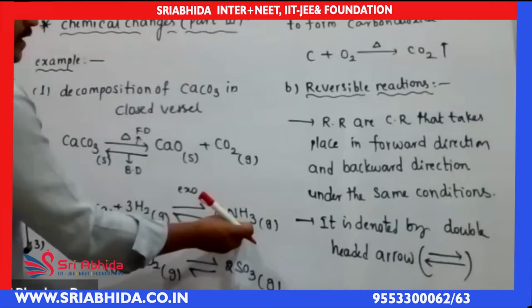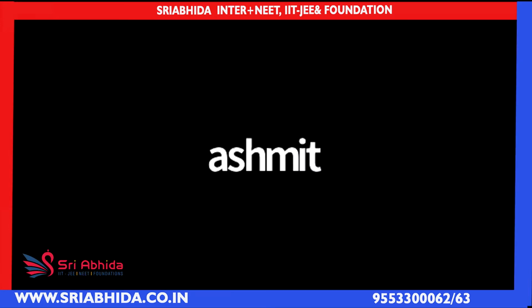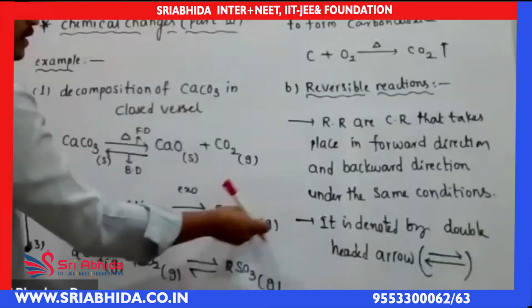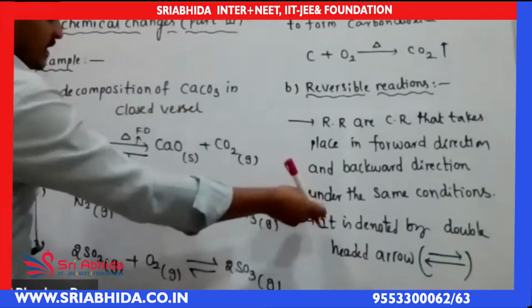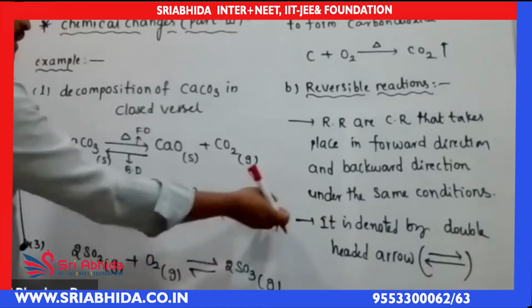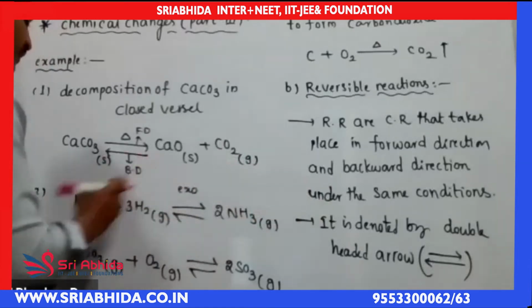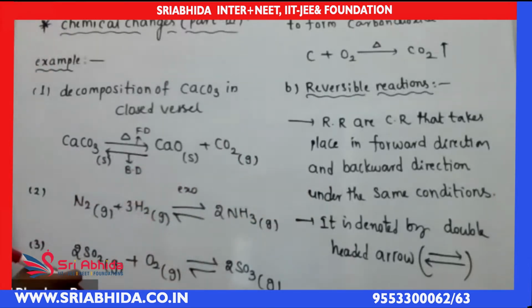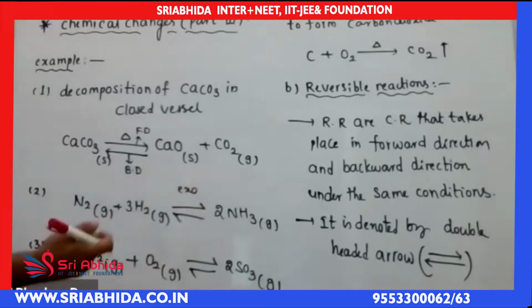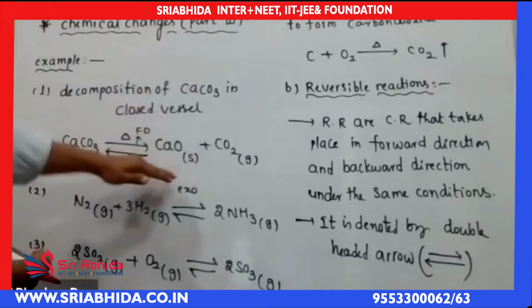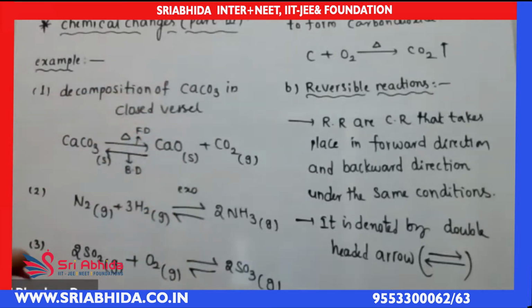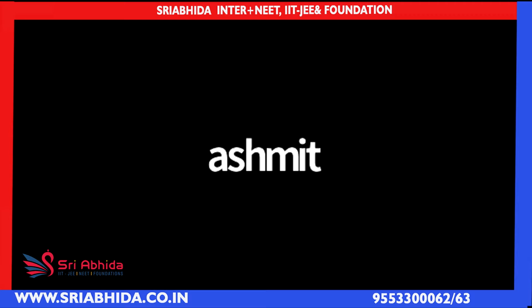It needs to break the bonds between the ammonia molecule, so the released energy is absorbed again, and this is converted into nitrogen and hydrogen. So that is the reversible reaction in a closed vessel only; all these reactions are in a closed vessel.